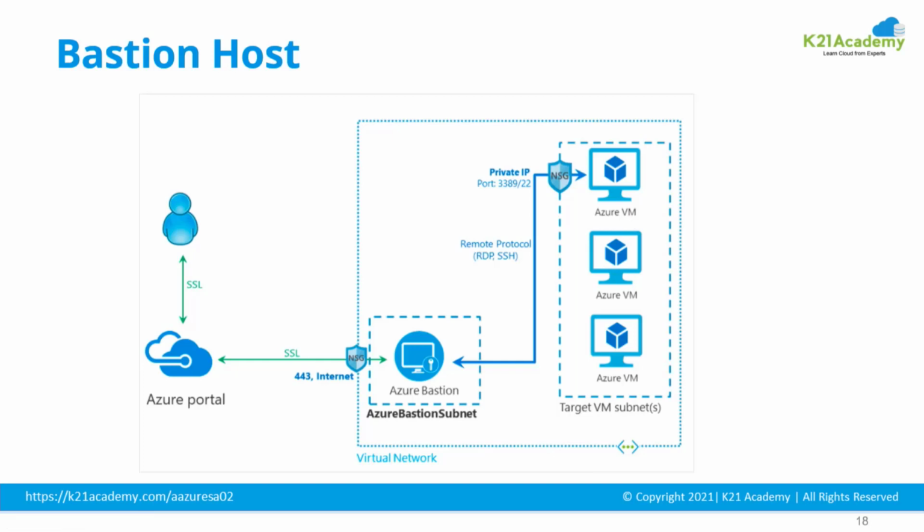Now, one way to connect to these machines over the internet is that if it's a Windows machine, you open port number 3389, the RDP port, or if it's a Linux machine, you open port 22. RDP is the Remote Desktop Protocol, which listens on port number 3389, and SSH, which stands for Secure Shell, listens on port number 22.